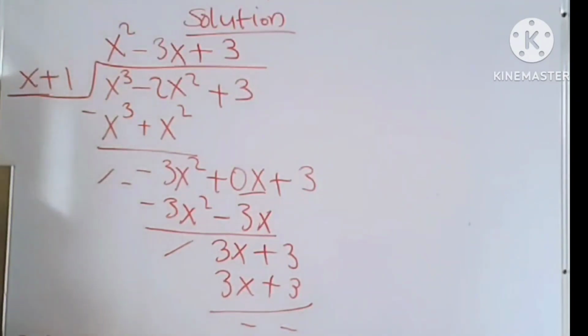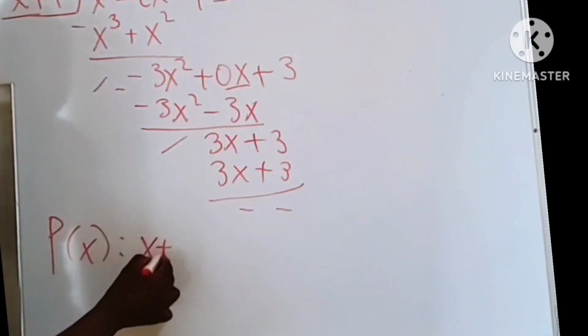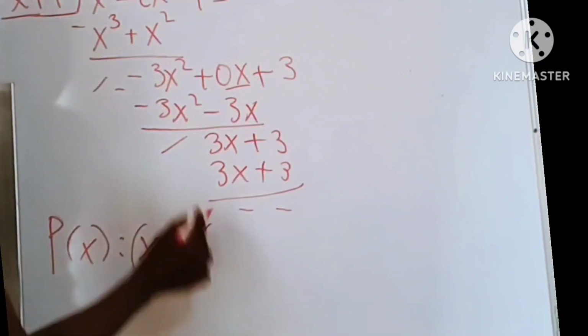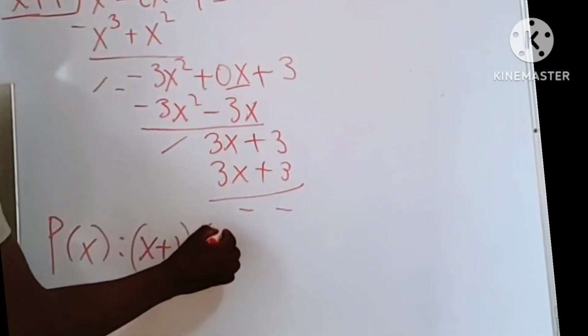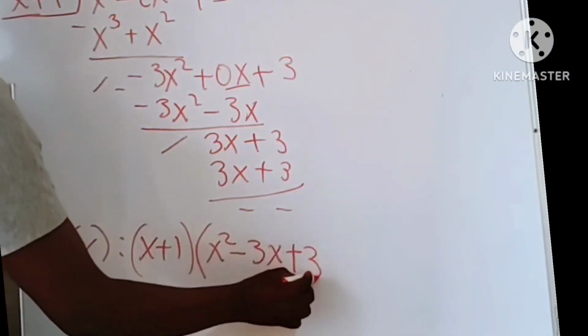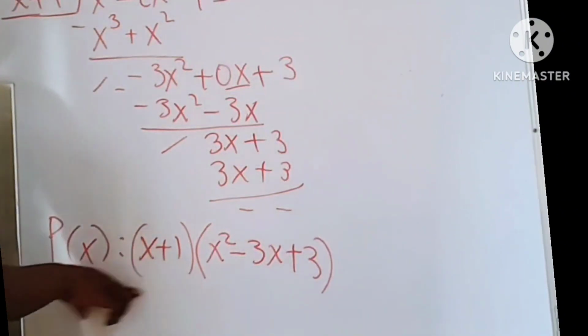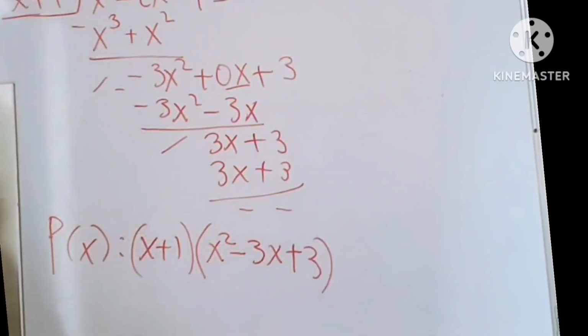These are the roots that we have. The roots of P of X, they are x plus 1 and this quadratic, x squared minus 3x plus 3. So this is the first real root that it has. Yeah, x plus 1, it's a real root.